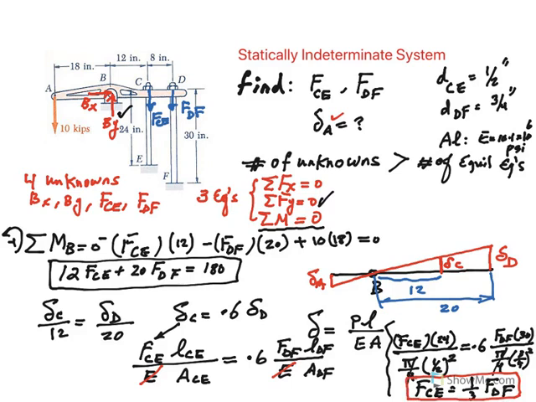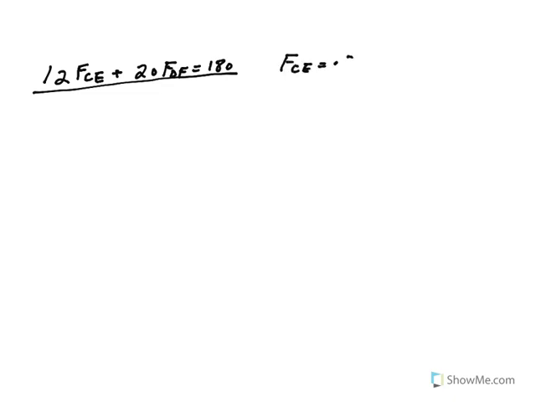So now let me go to the next page and show you that we have two equations now. We have 12 FCE plus 20 FDF equal 180. So this is one equation, and I just found, based on deformations, that FCE is 0.33, or 1/3, of FDF.